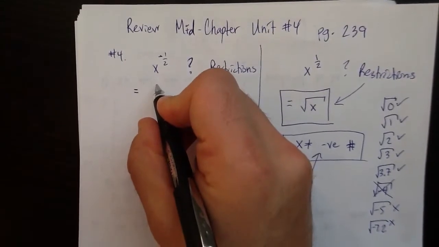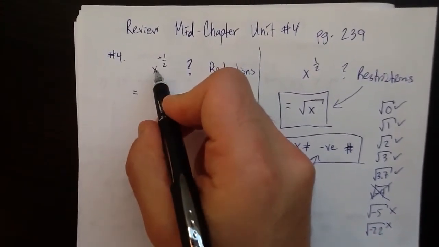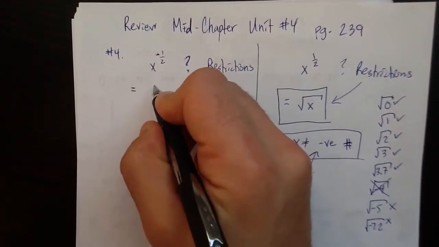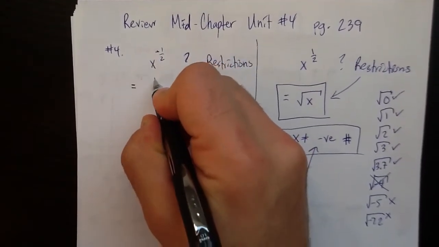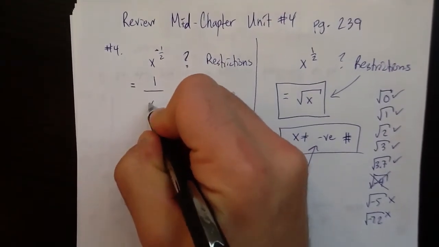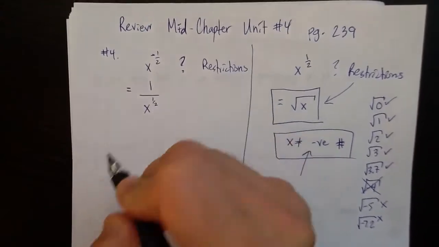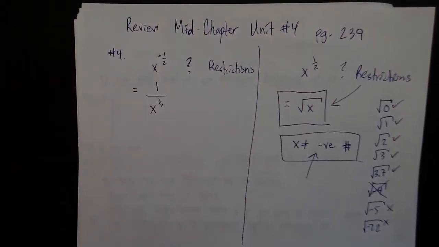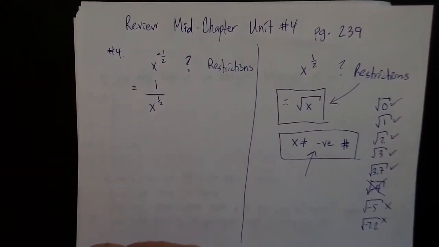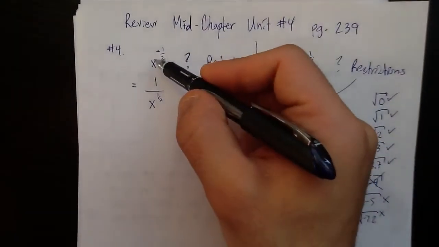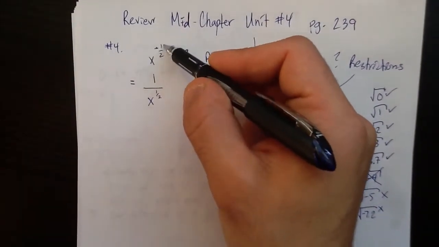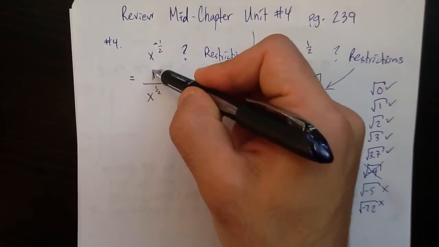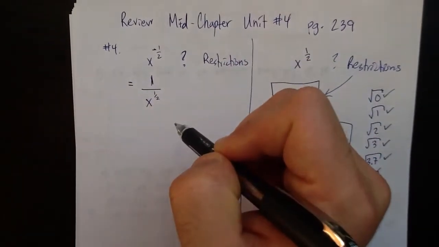It means that x to the power of negative half means 1 over x to the power of positive a half. You only flip this fraction, x over 1, not that fraction. So it's just 1 over x to the power of a positive half.